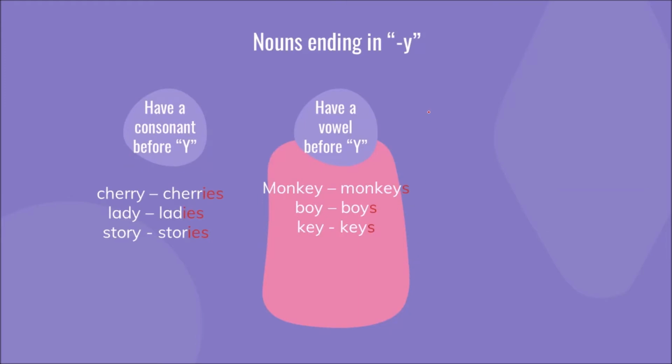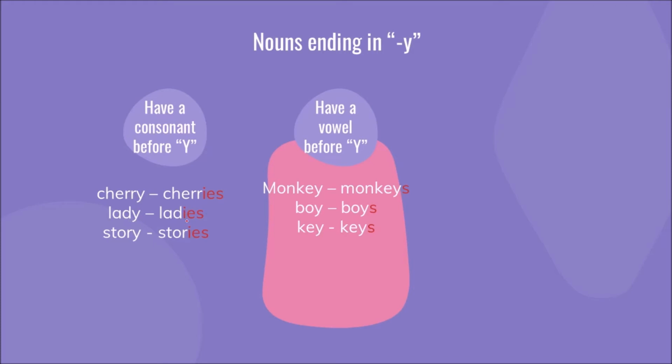When it comes to words that end with letter Y, we said that the letter Y transforms into I and is followed by the inflection ES. But this only happens if before the Y there is a consonant. Let's see. Cherry, lady. R and D are consonants.